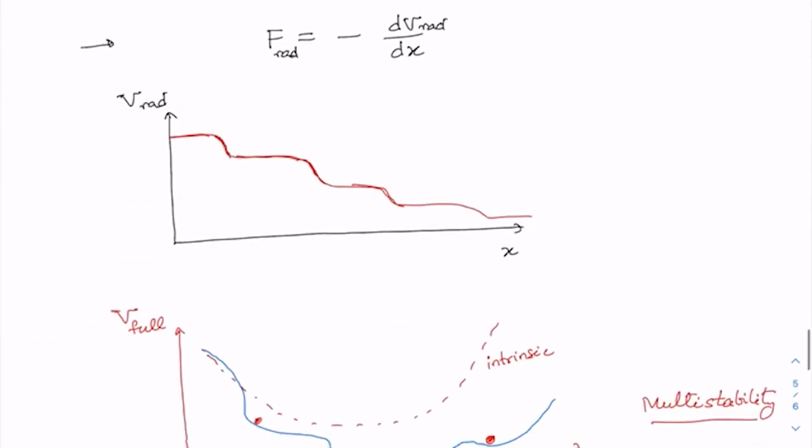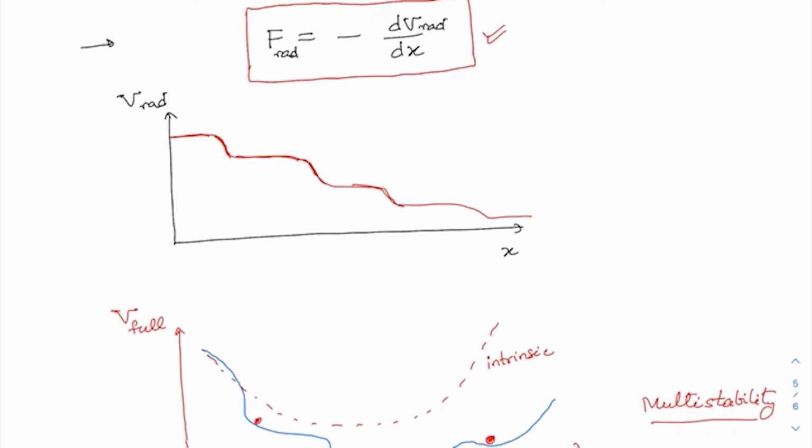And we took another perspective where this whole thing could be understood using the radiation potential, because the radiation potential and force are related: force is equal to the negative of the derivative of the potential with respect to the position, as you can see from here.